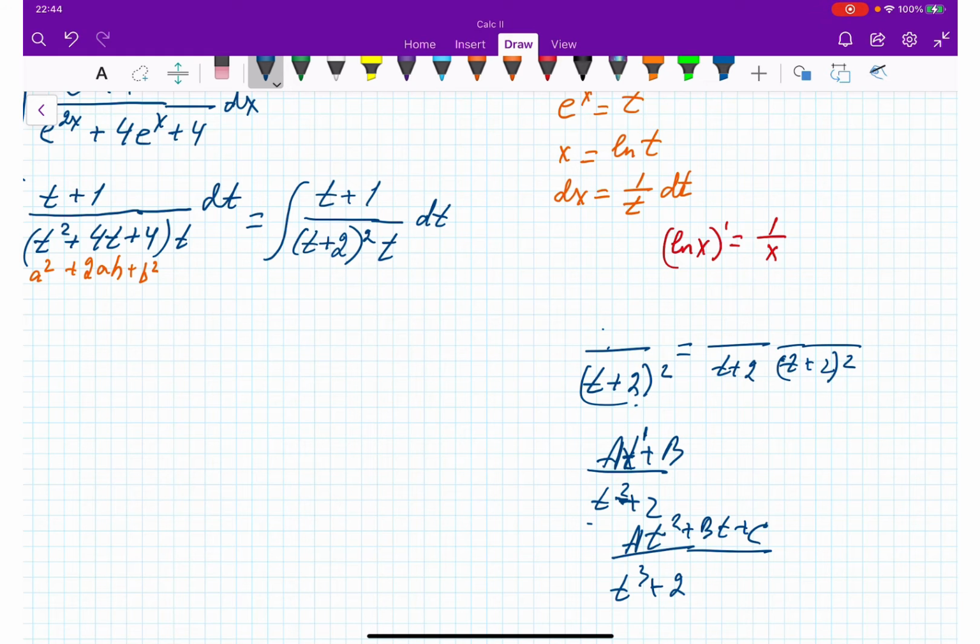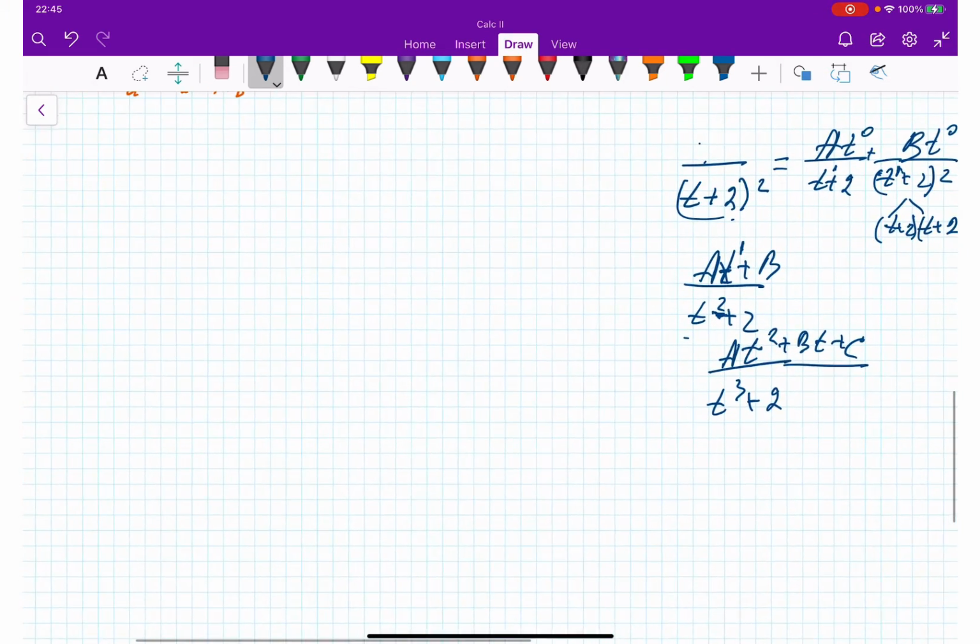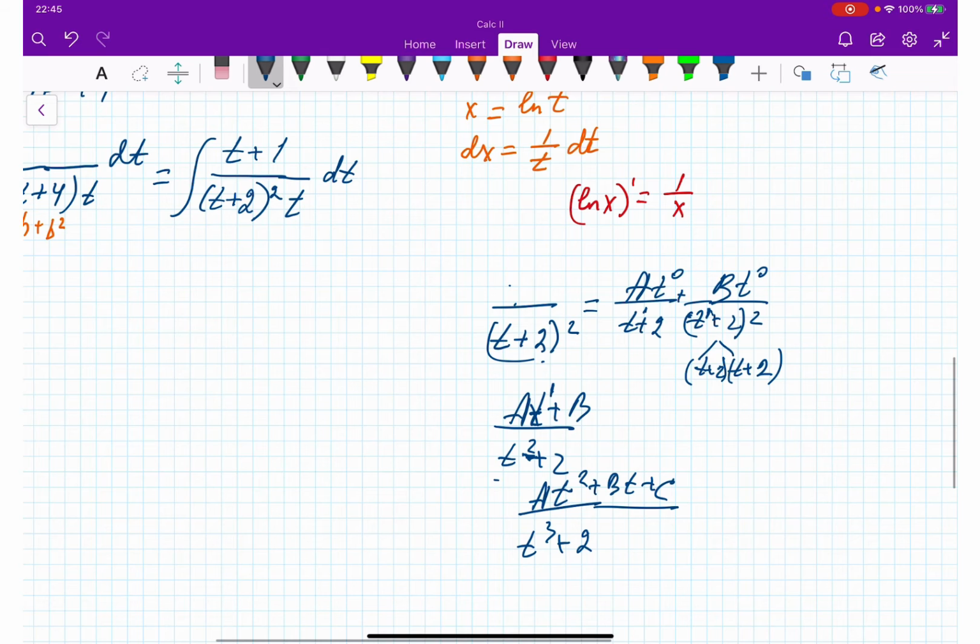Therefore, here it's going to be a, here it's going to be b, because degree 1, that means this t plus 2 squared is 2 of them, t plus 2, right? That's why it's degree 1 we're taking. Therefore, the highest degree of the numerator has to be 0, which is t to power 0. Or we don't put anything there. Are we clear? Okay. Let me clean this.